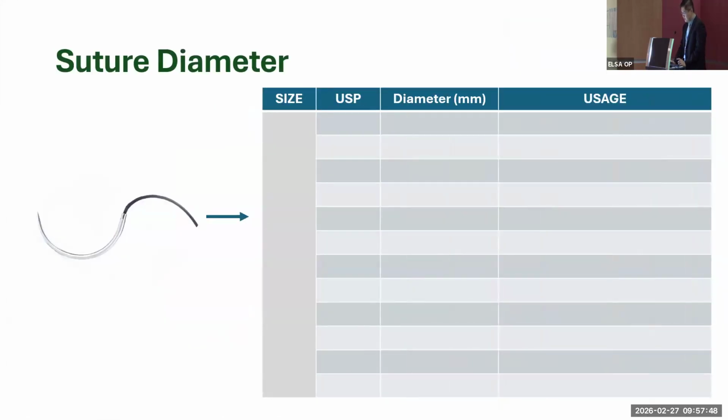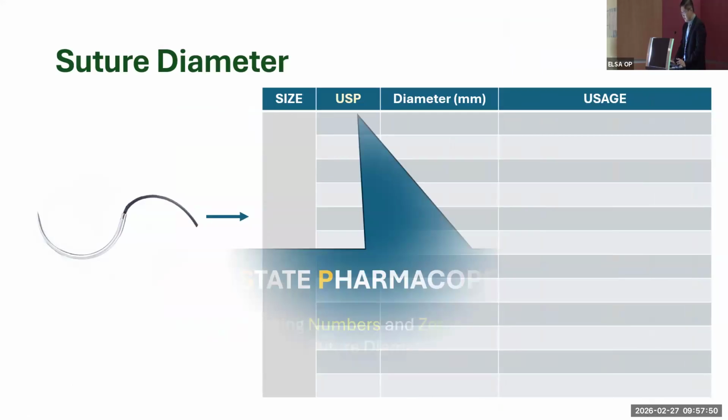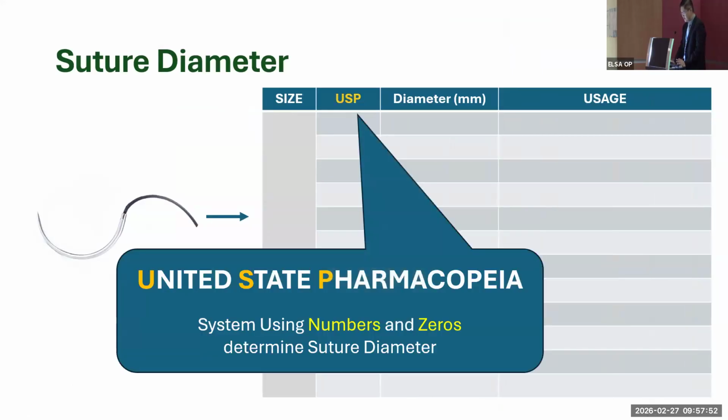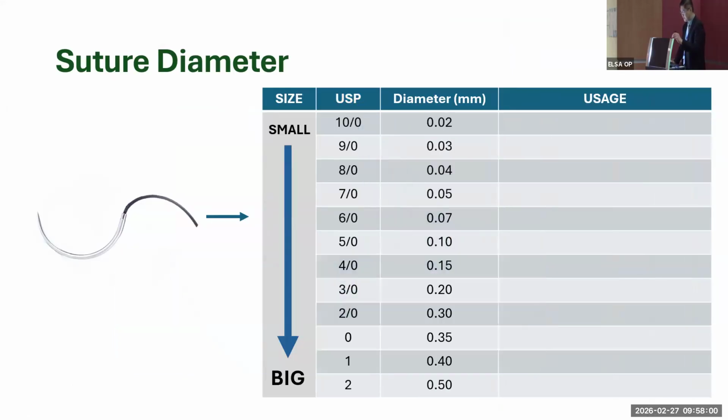Suture diameters. The first and most important thing you need to know is USP. USP is essentially the United States Pharmacopoeia, a system that uses numbers and zeros to determine the suture diameter. So basically, for 10-0, the diameter will be 0.02 mm, whereas USP size 2 is equivalent to 0.5 mm in diameter.